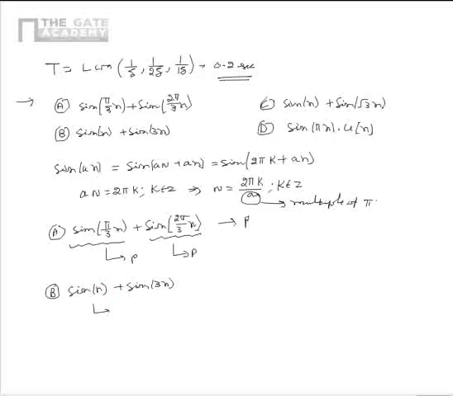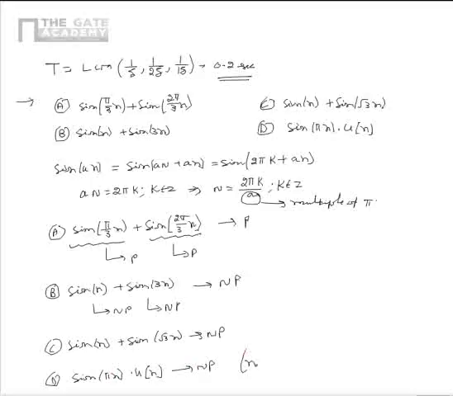Here we see that the individual signals are non-periodic. From this we see that the sum is also non-periodic. Similarly, the signal sine n plus sine of root 3 n is non-periodic. Also, the signal sine of pi n multiplied by u of n is non-periodic because the signal is present only for n greater than or equal to 0. From this we see that only the signal in option A is periodic.